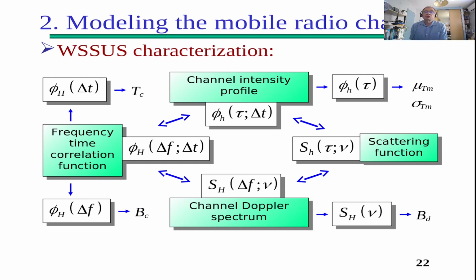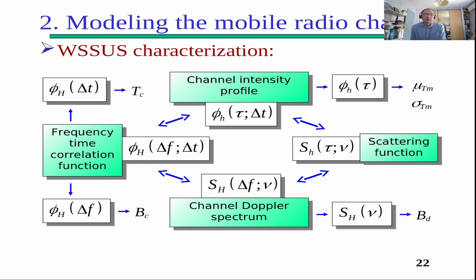Starting with this autocorrelation function, which now is no longer called a channel impulse response, but a channel intensity profile, with the two variables again, tau and t, if you take a Fourier transform, you can obtain different functions which will give you different views of what's happening on the channel, and also it will allow you to get interesting parameters that we use to design digital communication systems.